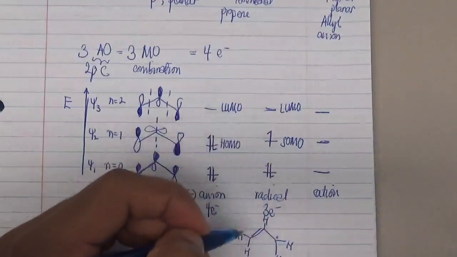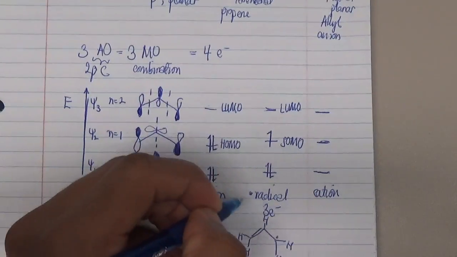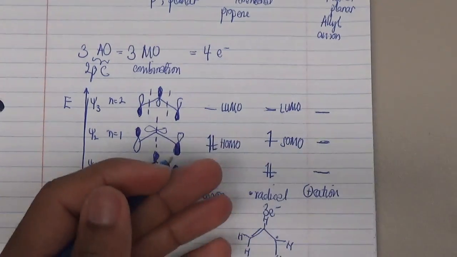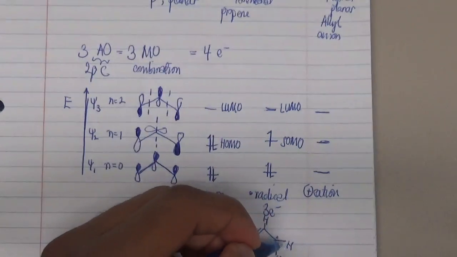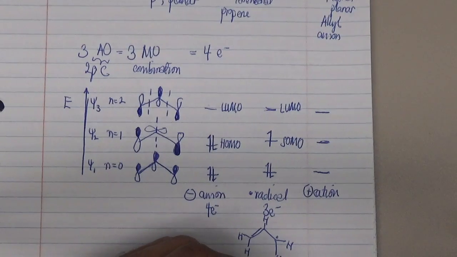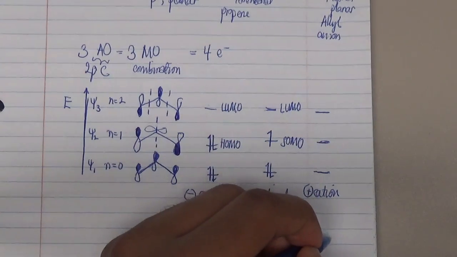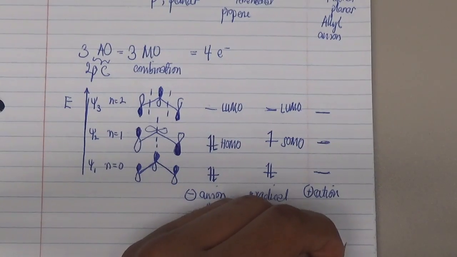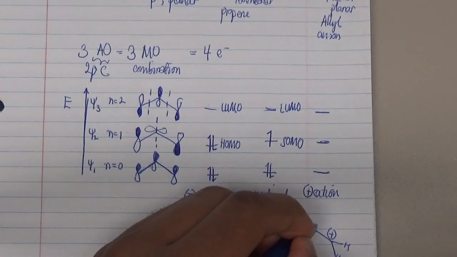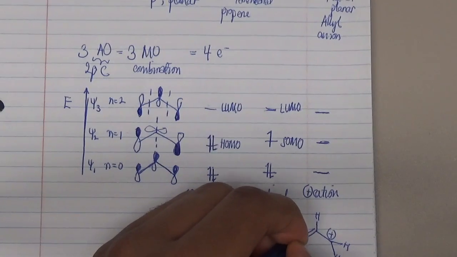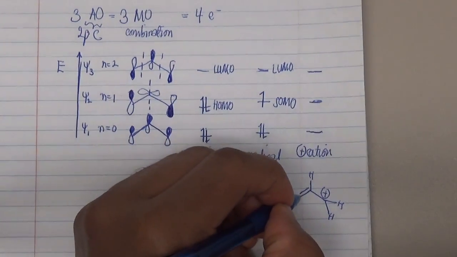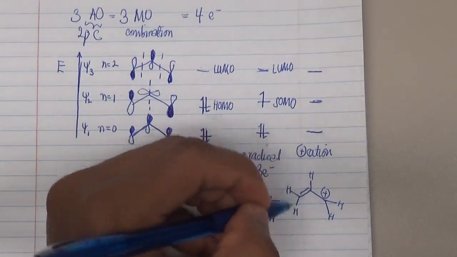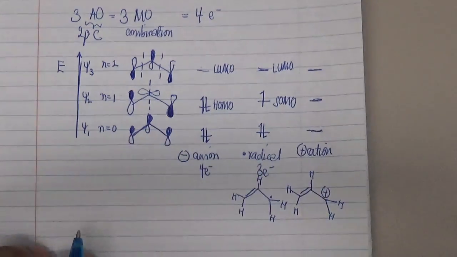And lastly we have our cation, which is positively charged, and if it's positively charged, it means that you're removing the whole hydrogen atom with the 2 electrons, thereby forming a positive charge in the 3rd carbon. And we still have our 2 hydrogen atoms in carbon 1 and 1 hydrogen atom in carbon 2.